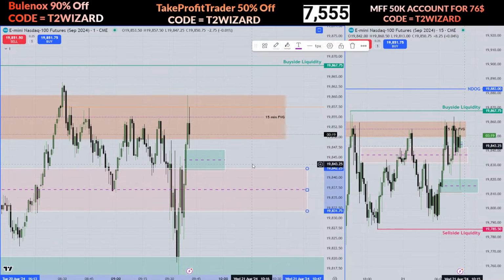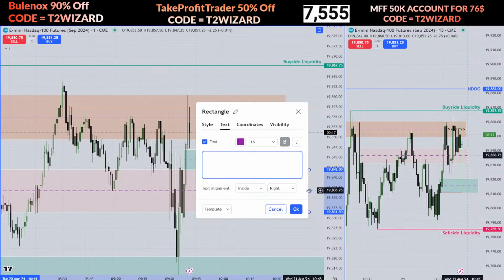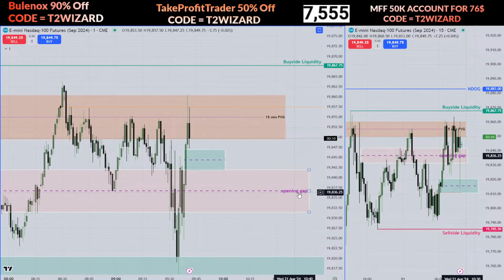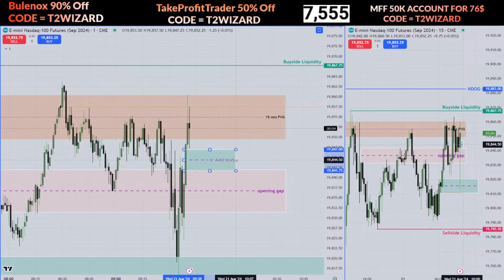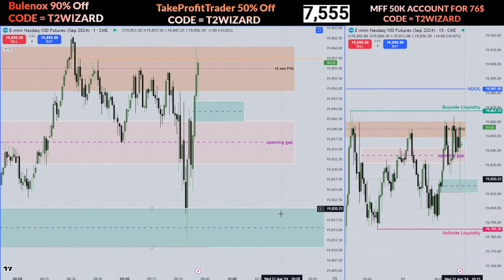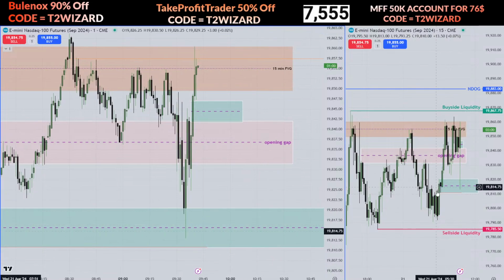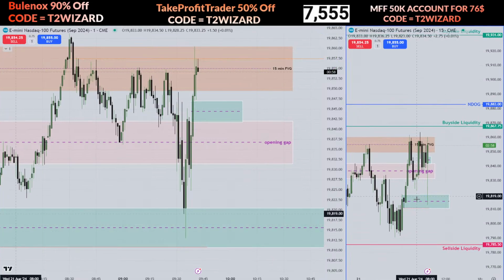Okay, that is my observation, so I'm observing the price. This is the opening gap. Don't get confused. Okay, the 15-minute last parallel gap, the opening gap, and this is just a parallel gap. This is the balanced price range from the 15-minute chart.